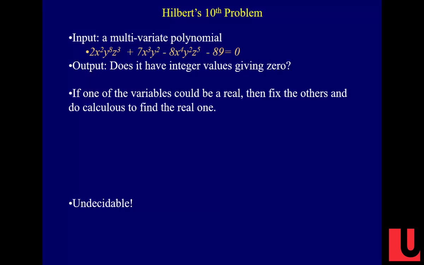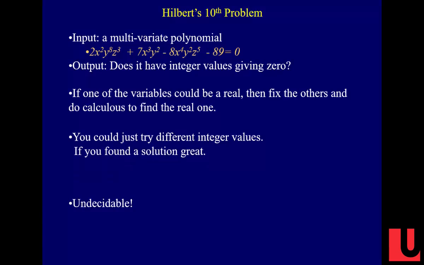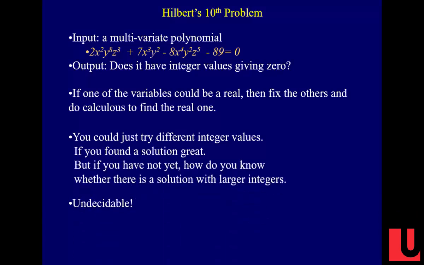But if you don't find integers that work, then you just keep trying more integers, and at no point can you say there are no integers that work, because maybe it's bigger and bigger integers that just happen to work. I have read the proof of this, and it's at a level that I can understand pretty well. It would kill you. Found a solution, great. Otherwise, how do you know there are not larger solutions?